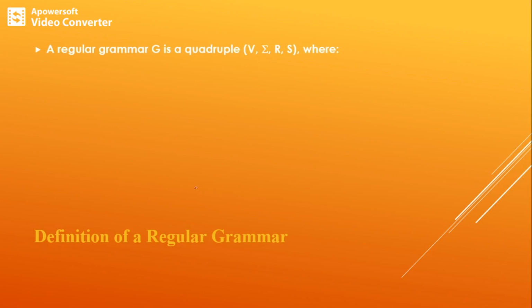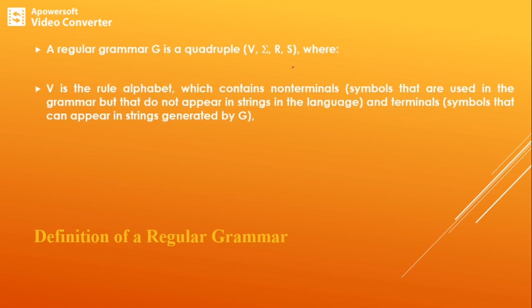A regular grammar G is a quadruple. There are four tuples: V, sigma, R, S, where V is the rule alphabet, which contains non-terminals.